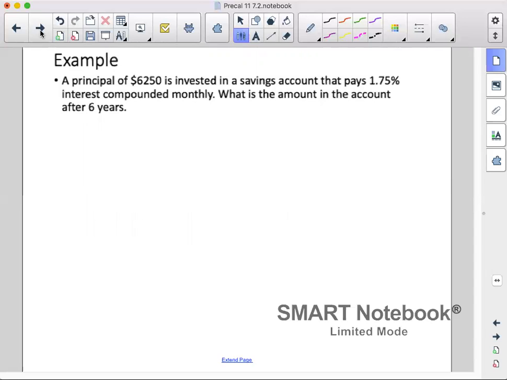So first example, a principal of 6,250 is invested in a savings account that pays 1.75% interest compounded monthly. What is the amount in the account after 6 years? So we know our principal is 6,250. Our R value is 1.75%, which as a decimal is 0.0175. It's compounded monthly, so we know N is 12, and they tell us it's 6 years.